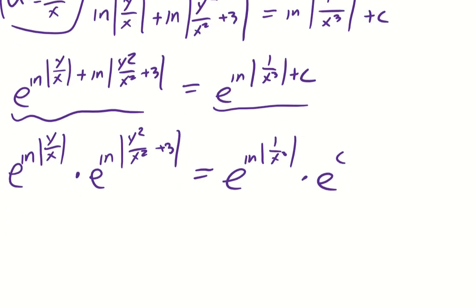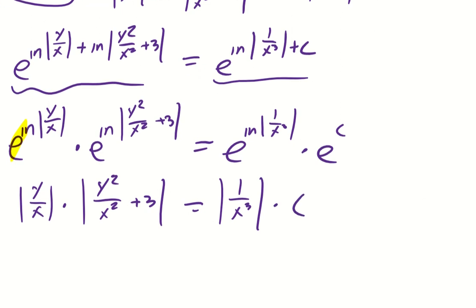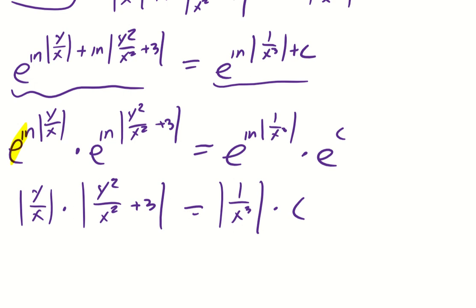Alright, so here we have inverses, so to speak. So we have the absolute value of y over x times the absolute value of y squared over x squared plus 3 is equal to the absolute value of 1 over x cubed times c. So we can drop these absolute value signs.